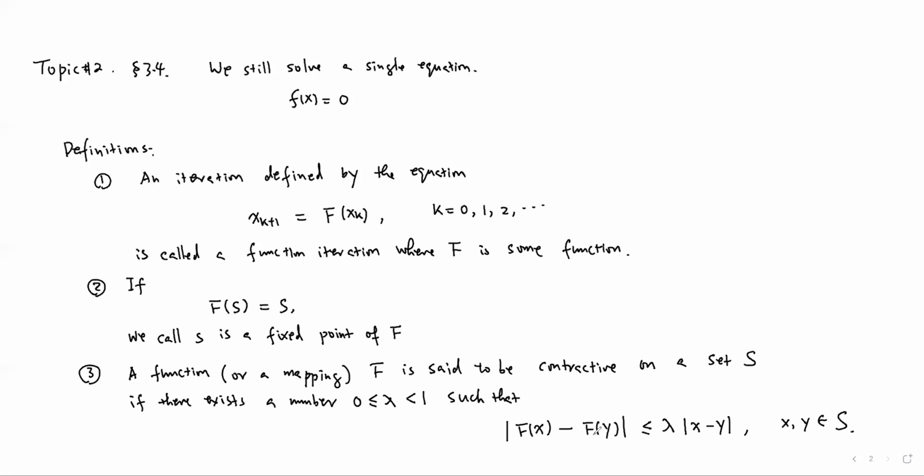And let me show you examples about function iteration. There are many examples. Example 1, A. Newton's method is a functional iteration method.